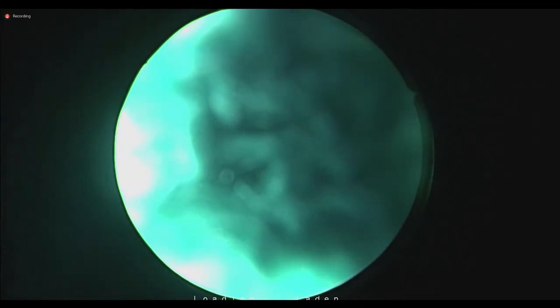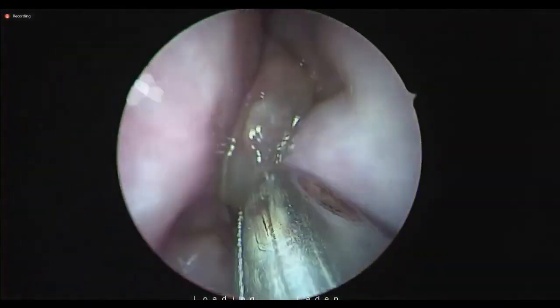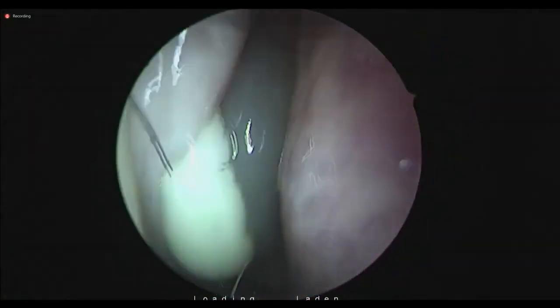Hello. Yes, sir. So quickly, I'll show one side and then come over there. See this patient. Massive polyposis bilateral. Can you see? Yes, sir.